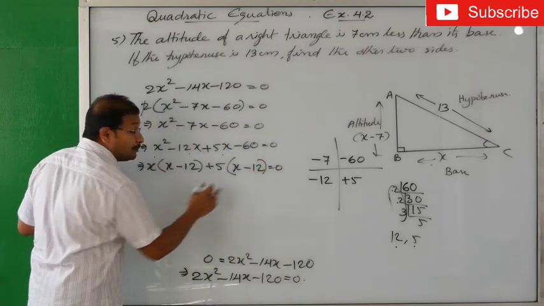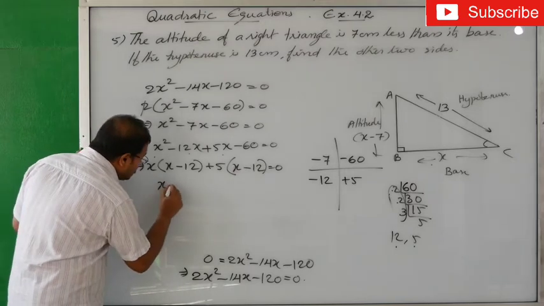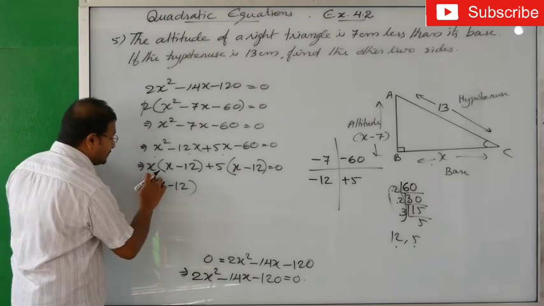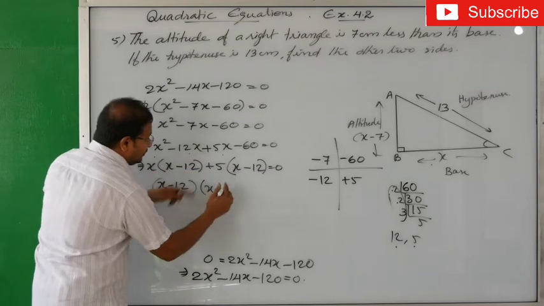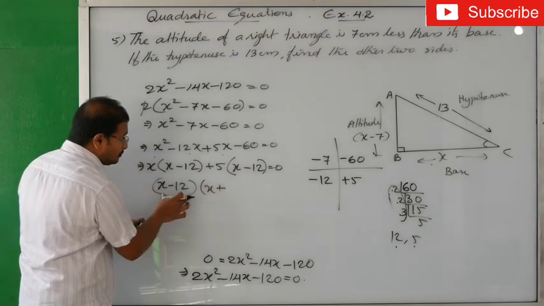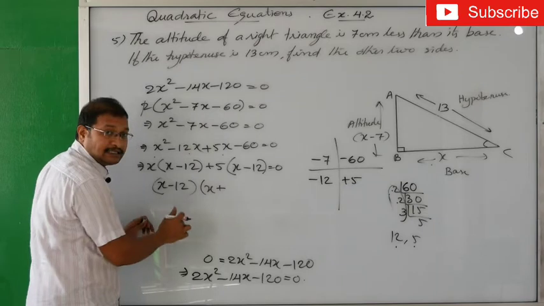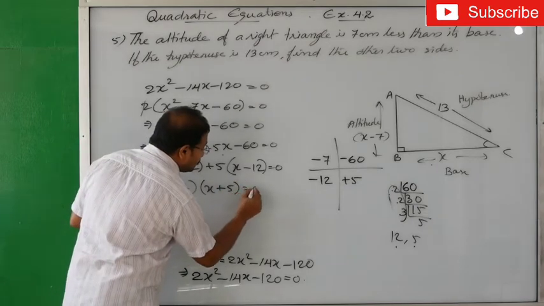See, now the brackets are the same. That means (x minus 12) into (x plus 5) equals 0.